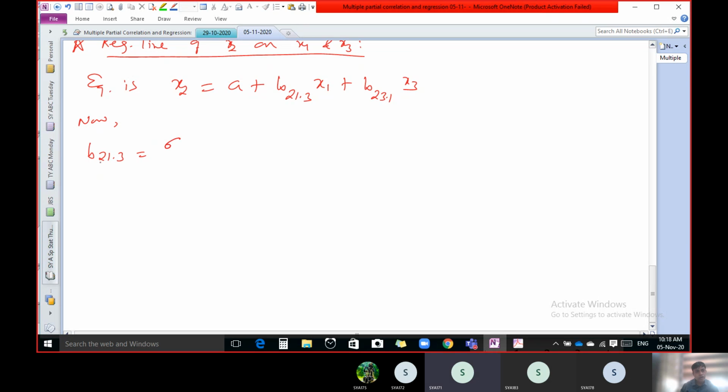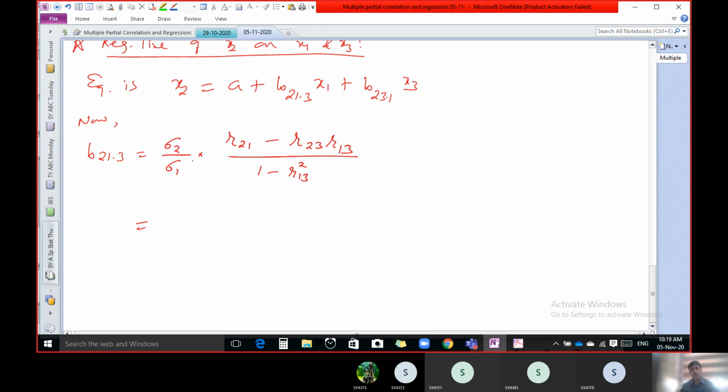Sigma 2 divided by sigma 1, into r21 minus r23 r13, upon 1 minus r23 whole square. Perfect. Hmm, wait: the denominator is 1 minus r13 whole square, no root here, only one simple term without root.